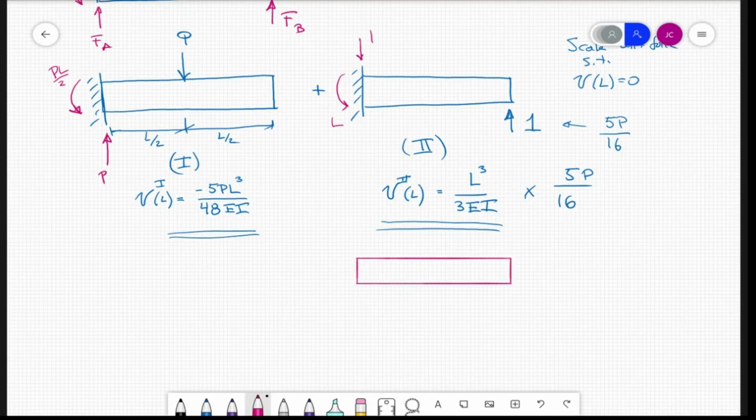Acting up here, I have 5p on 16. This means acting down here, I have 5p on 16, because we multiply everything here by 5p on 16. And so the moment is going to be 5pl on 16. Okay? So those are the two cases. This is case 2. This is case 1.